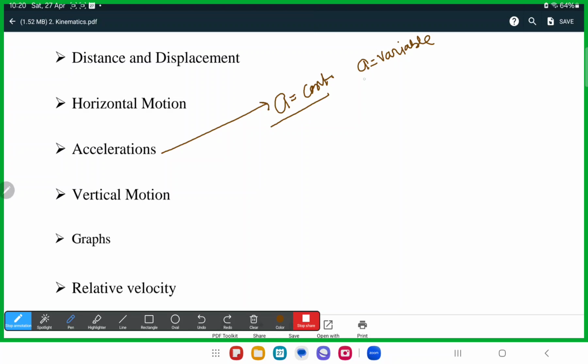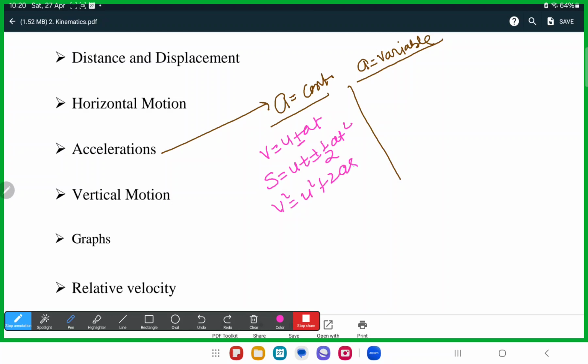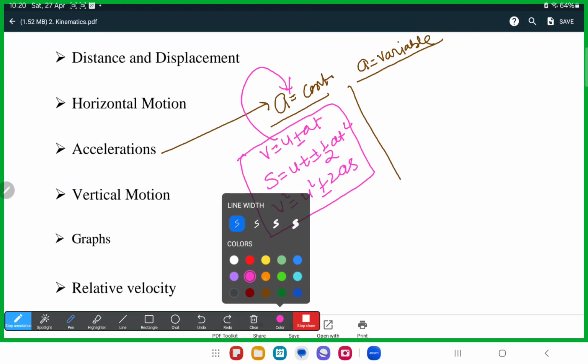Once A is constant, we apply V is equal to U plus AT, with plus and minus for acceleration and retardation both. S is equal to UT plus minus half AT square, and V square is equal to U square plus 2AS. So these are the set of equations we use when we consider acceleration as constant.